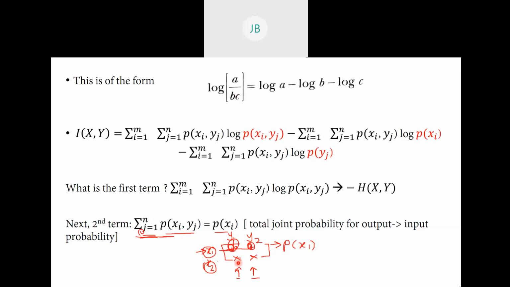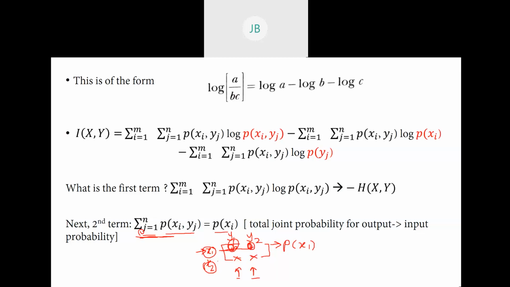Similarly, if you do this for the second row, which corresponds to the transition probabilities of the second input and the various outputs, when you change the column from here to here and add up these two probabilities, you should be getting the probability of x2.